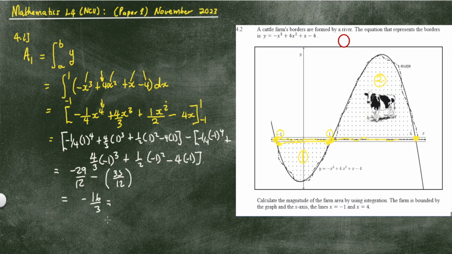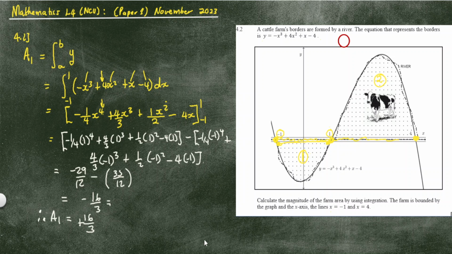However, the answer should be positive. The area cannot be negative. So I might say therefore area 1 is equal to positive 16 over 3.